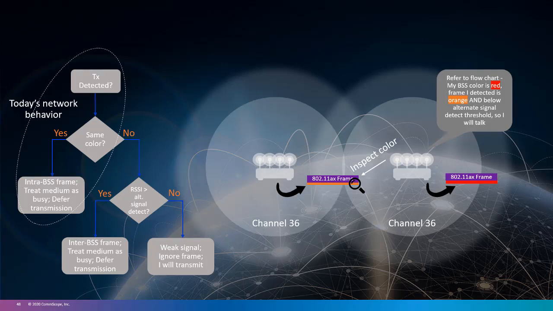If the color is different, then the frame is considered an inter-BSS transmission from the overlapping basic service set, and the listening radio treats the medium as busy only for the time it took to determine the color bit was different. Next, you ask if the RSSI signal is greater than the alternate signal detected. If yes, then you treat the medium as busy and defer transmission. If no, this means the signal is weak and you can ignore the frame and start transmitting. Since both APs are on the same channel, this technology improves spatial reuse efficiency and performance.